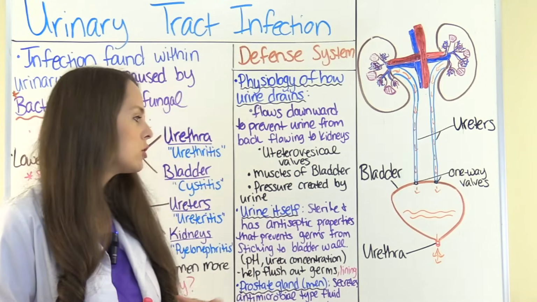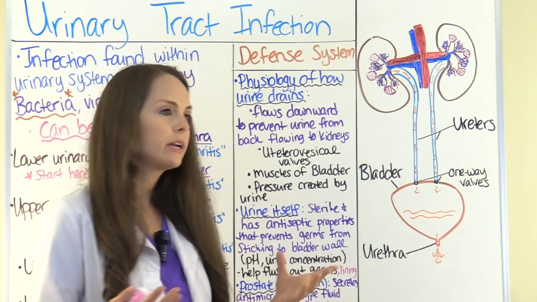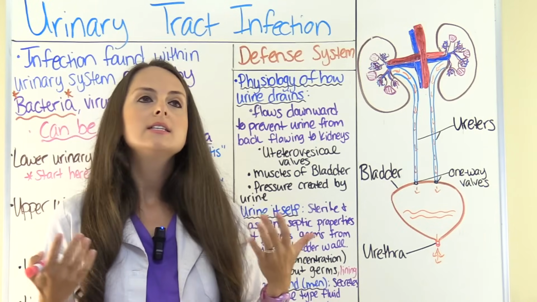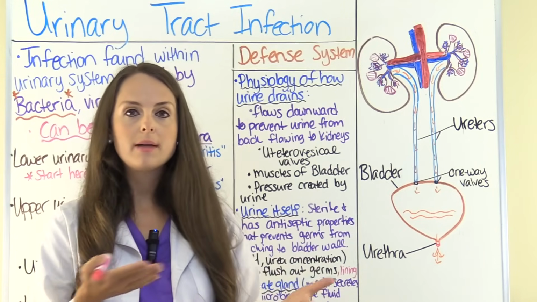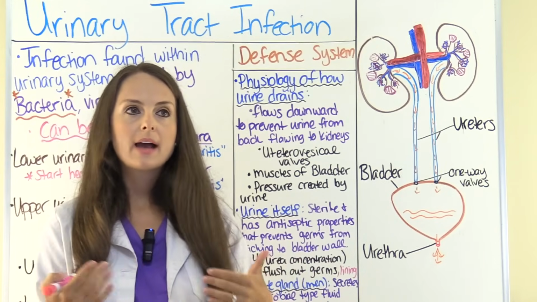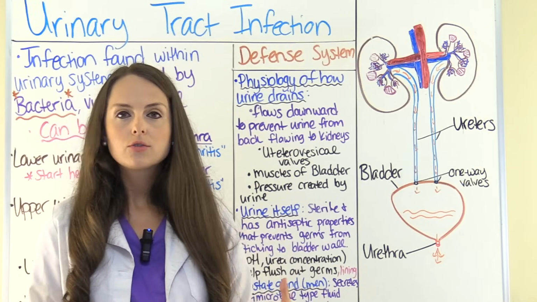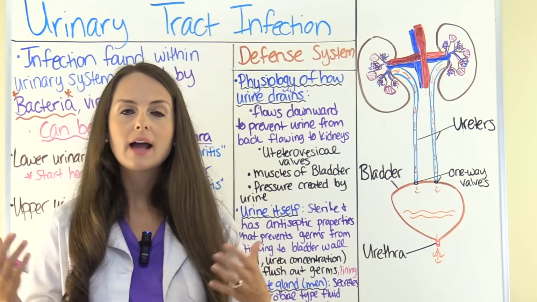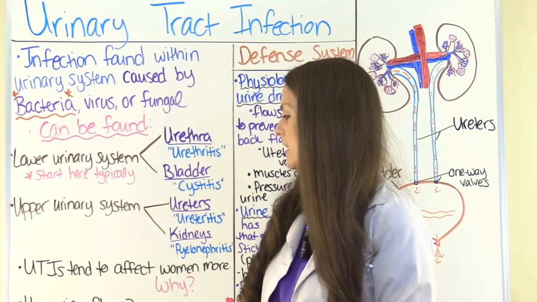Another thing is the close proximity between the rectum and the urethra, making it easier for bacteria to migrate over there, especially if the woman is not wiping properly, from front to back. Instead they're wiping back to front, or wearing tight underwear, things like that. Those just make it easier for specifically E. coli to travel to the urethra and infect the woman with a urinary tract infection.